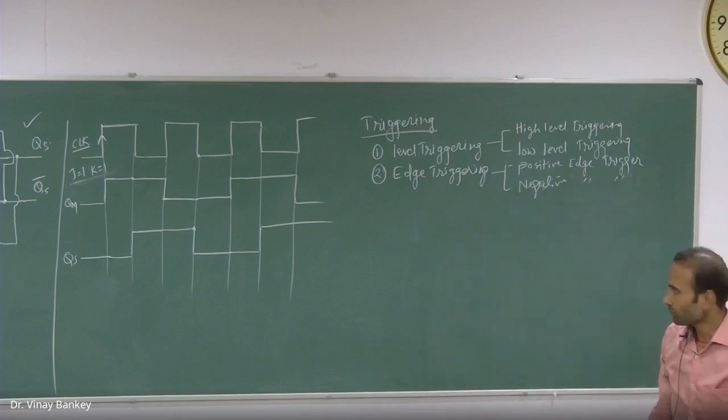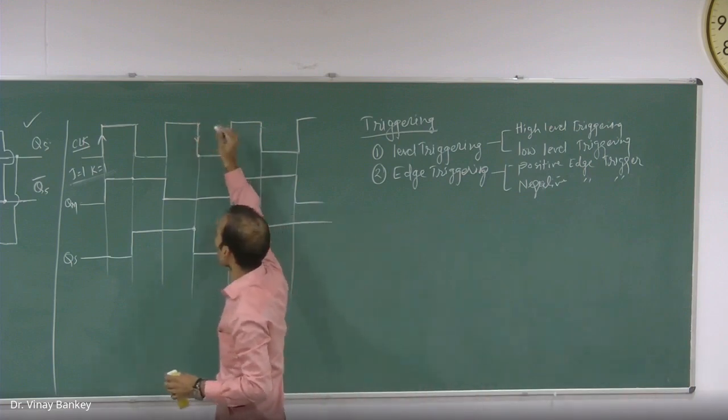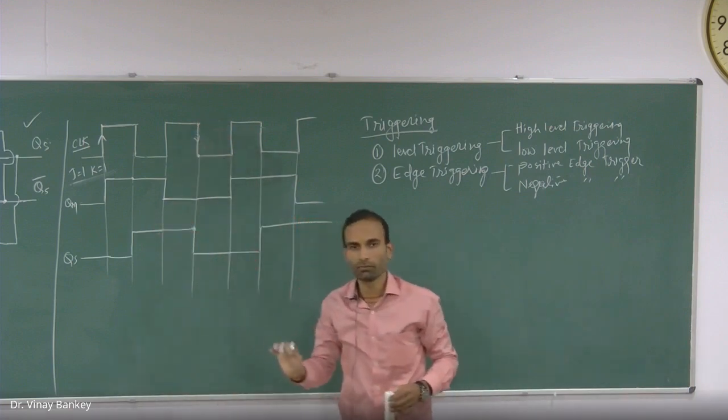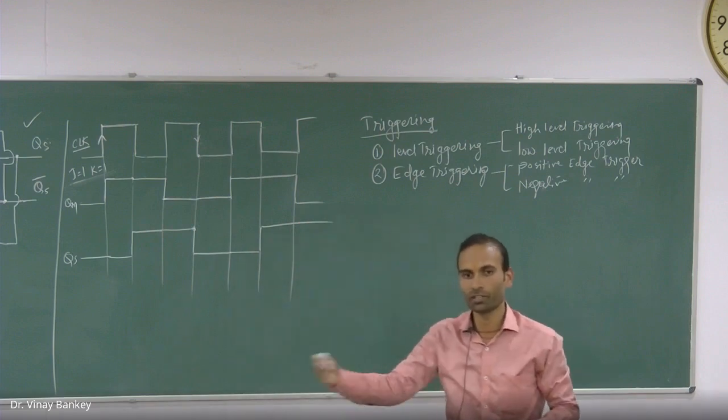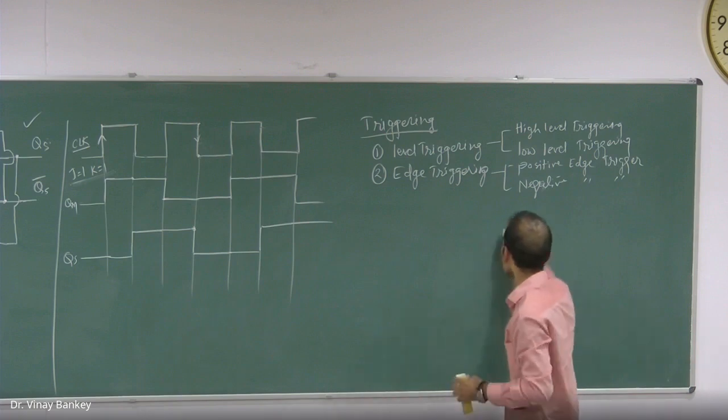I can also define that when my clock pulse goes from high to low, at this position my flip-flop should be active, or it should change the previous state. So that will come under the negative edge trigger.